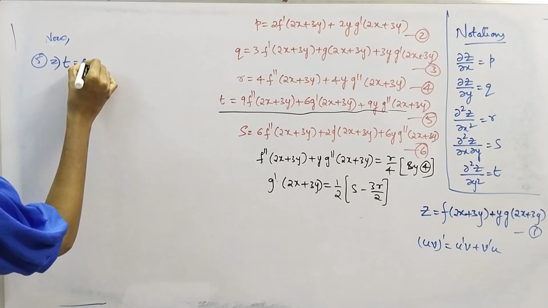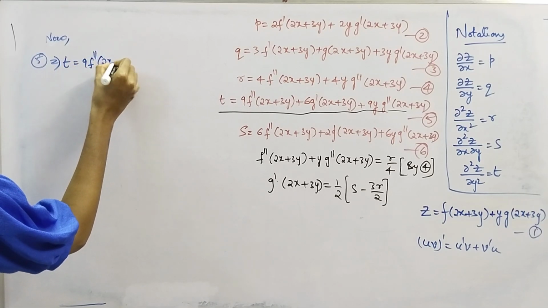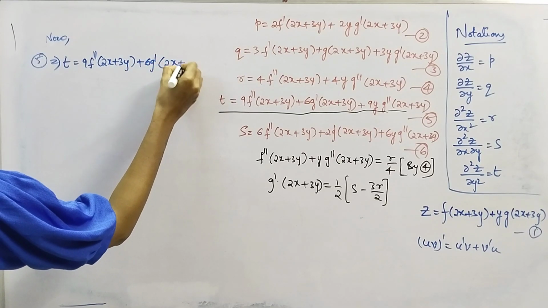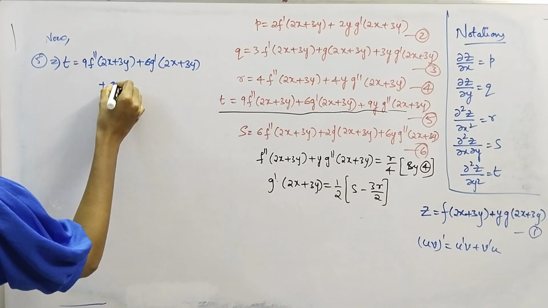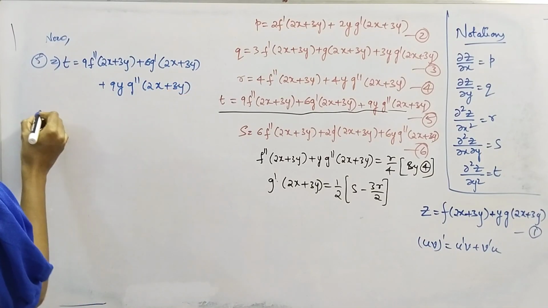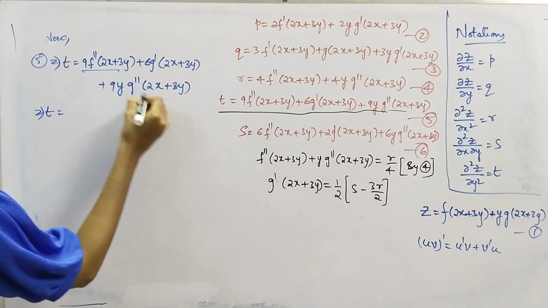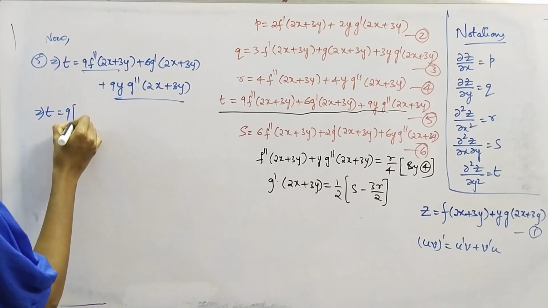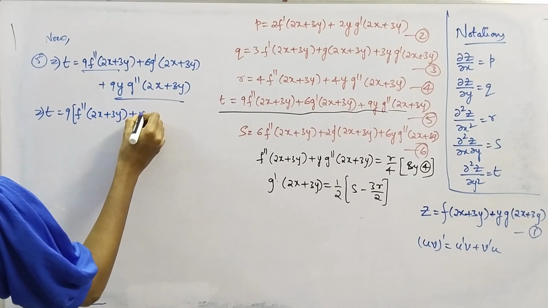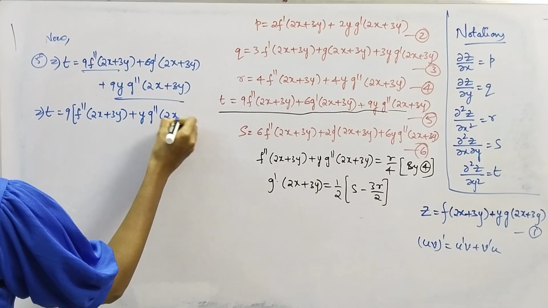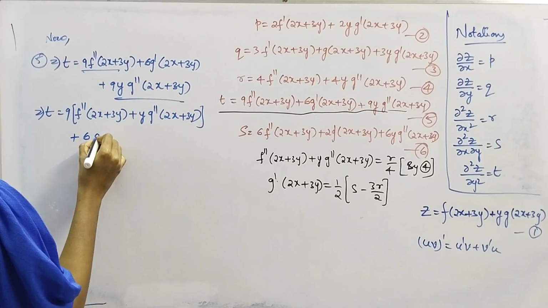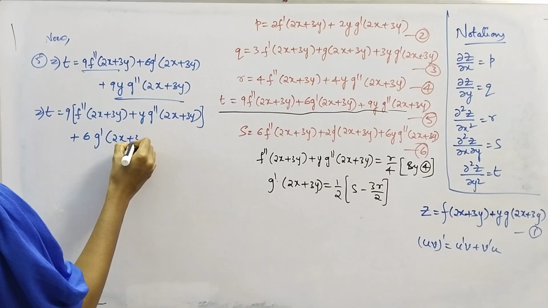T equal to 9f double dash of 2x plus 3y plus 6g dash of 2x plus 3y plus 9y into g double dash of 2x plus 3y. Let's take 9 common from these two terms. We'll get 9 times f double dash of 2x plus 3y plus y into g double dash of 2x plus 3y, plus the remaining term 6 g dash of 2x plus 3y.